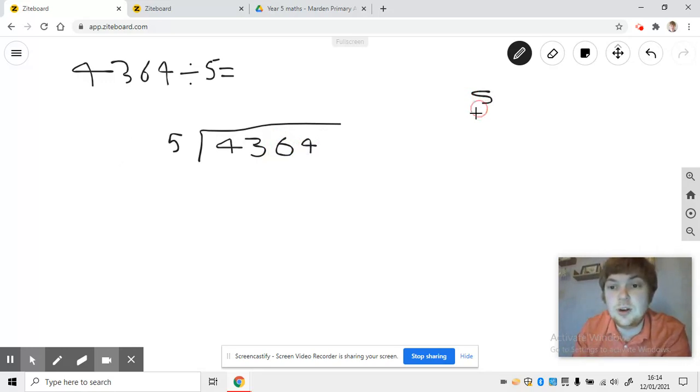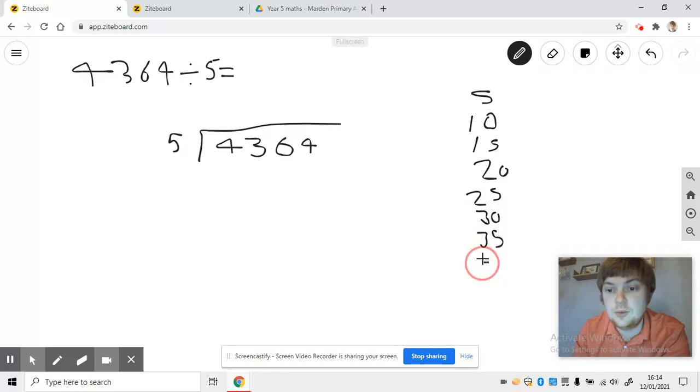So we've got 5, 10, 15, 20, 25, 30, 35, 40, and then 45. And hopefully you should remember why we do this, because of the significance in terms of working out our question.